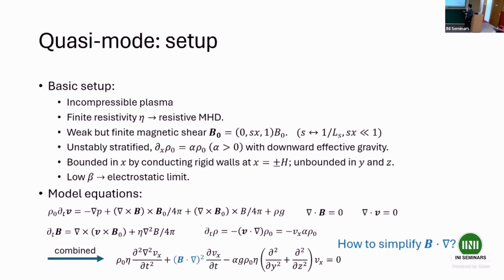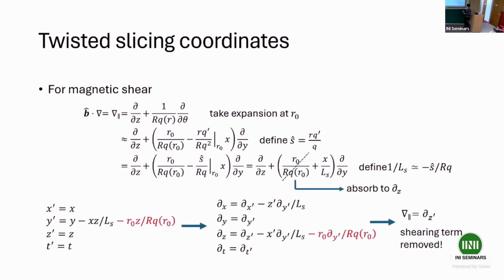I will just skip, and this is the equation of the quasi-mode, and finally we get the mode equation for the quasi-mode. Here you can see there is a familiar operator, B dot grad. The question is how to simplify this operator to simplify the calculation. There's a useful tool called twisted slicing coordinates.